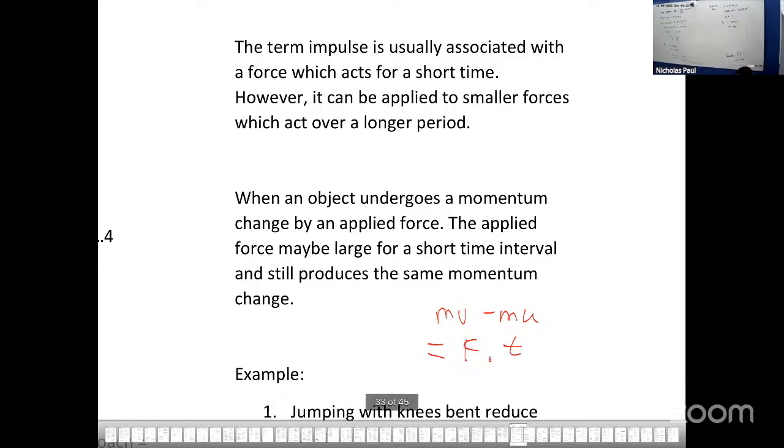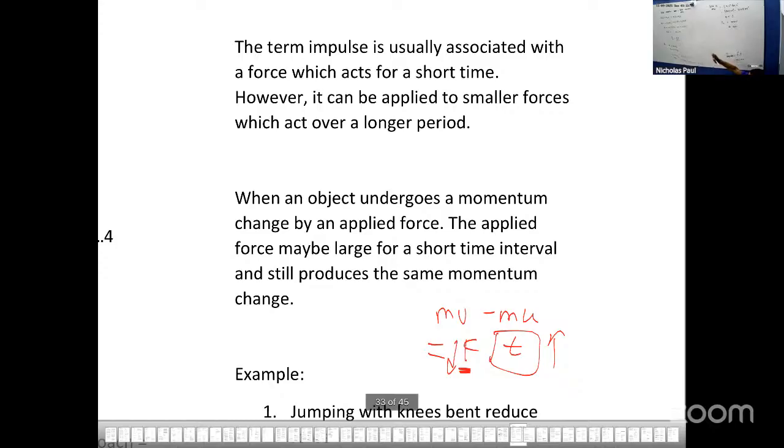But remember, this force is acting on your knees. Do you want the force to be large, acting on your knees? No. So if the force has to be small, then time has to be large. By bending your knees, you increase the time that you are in contact with the ground, so the time value is larger, but the force on your knees is smaller.